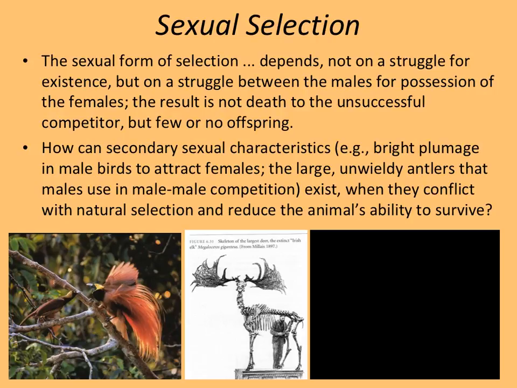Okay. Sexual selection. It depends not on a struggle for existence or survival, but on a struggle between, let's say, males for access to females. So, you know how guys get jealous? Well, women get jealous too. It's called mate guarding.